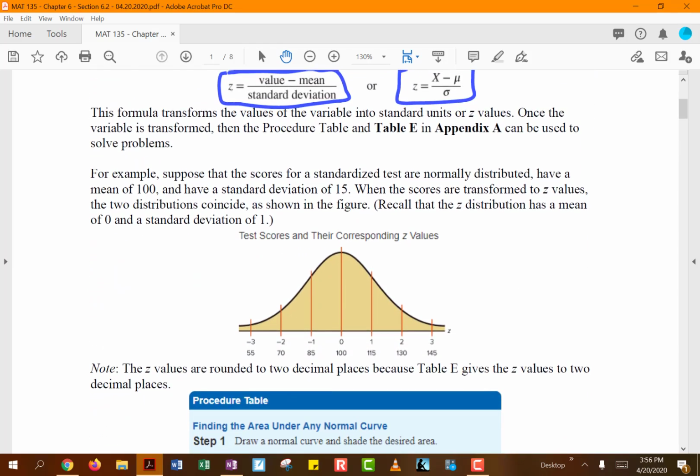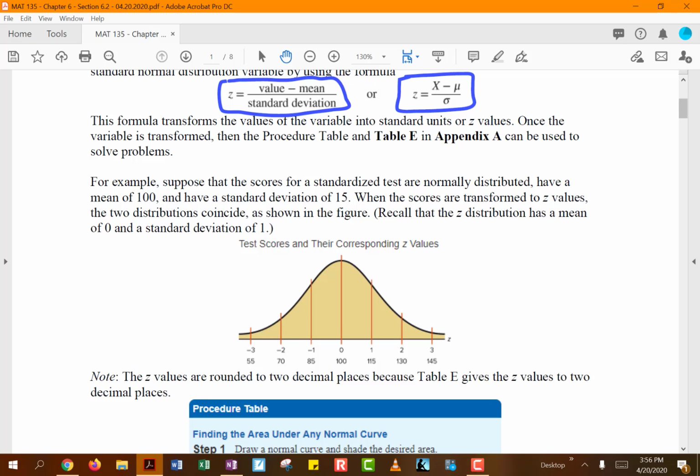So let's take a look at this example over here just to see how we can go about doing this process. They're saying suppose that the scores for a standardized test are normally distributed. So for standardized tests, you can think of examples such as your SATs, ACTs, something like that.